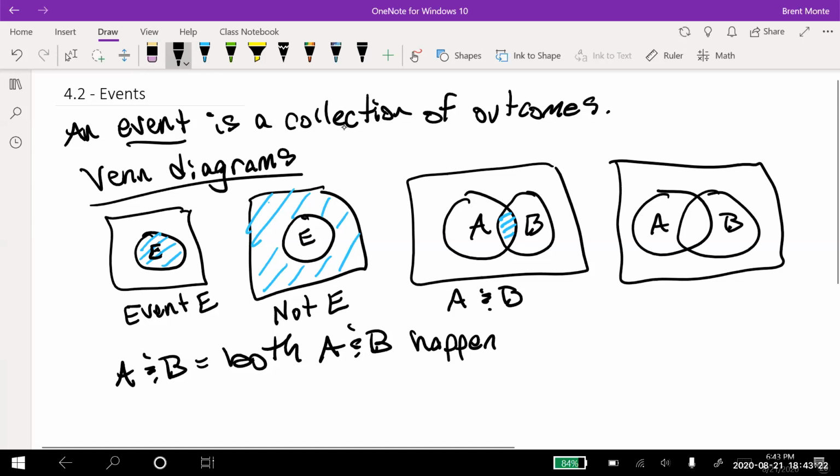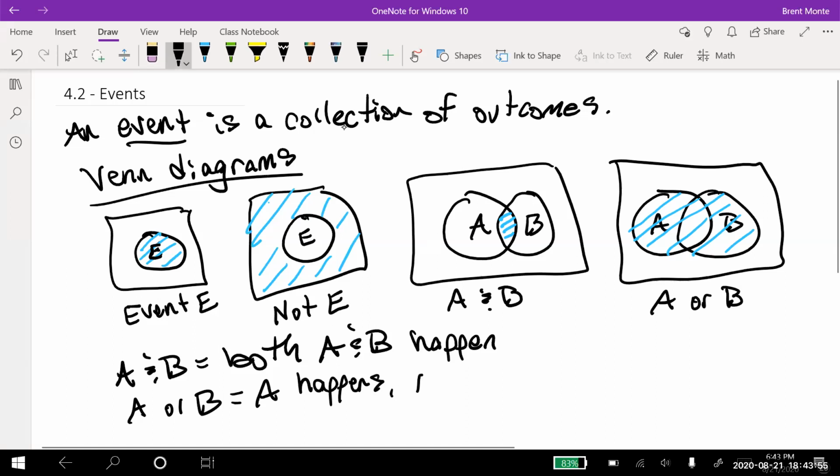Now, if I'm saying A or B, think of what happens. If A happens, everything in here gets shaded. If B happens, we also get everything in B. And so if we shade everything, that's A or B. So if we write that down, A or B means A happens or B happens.